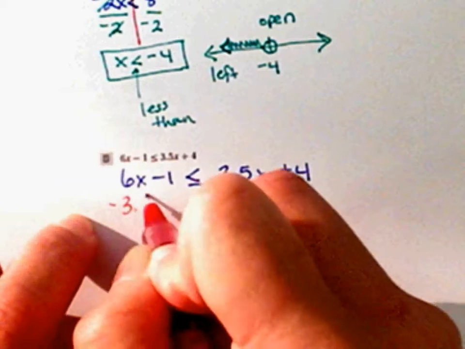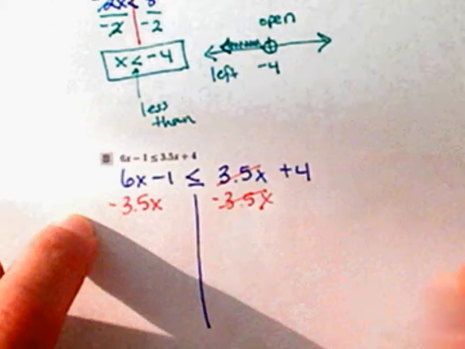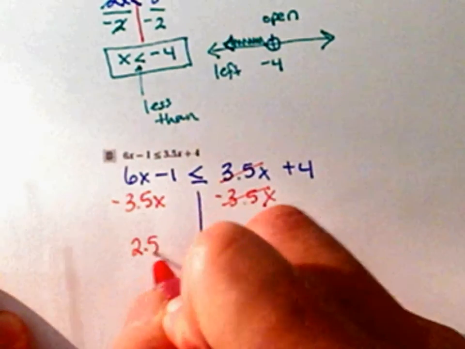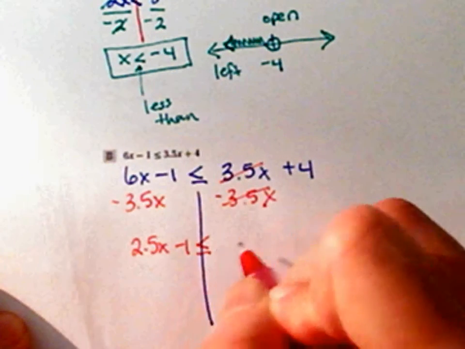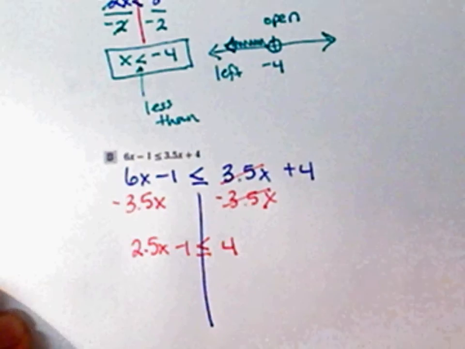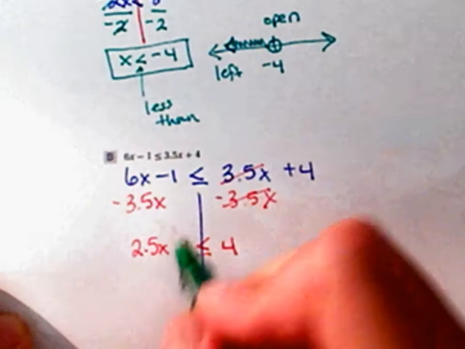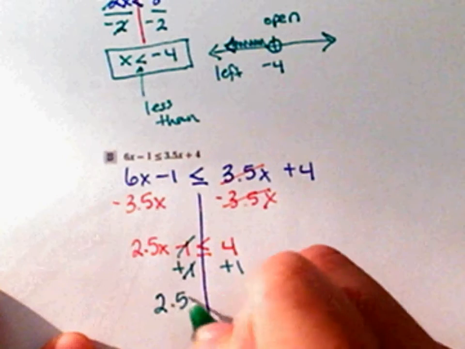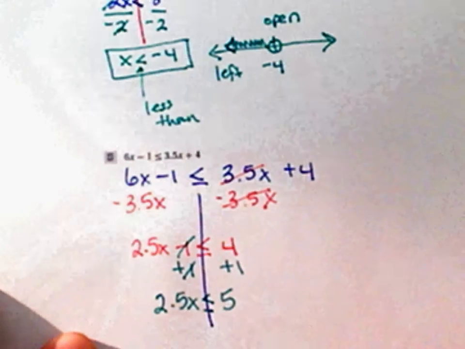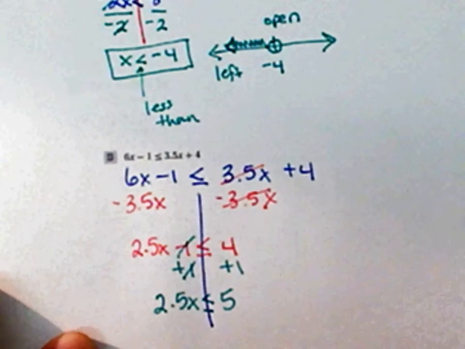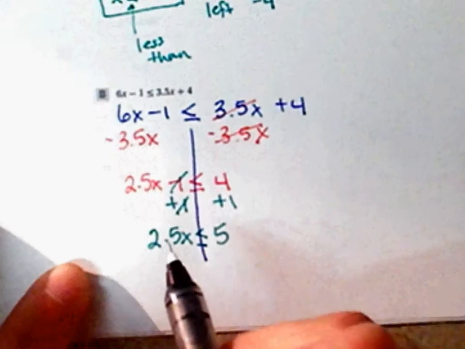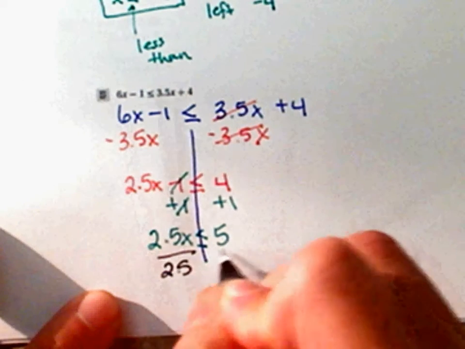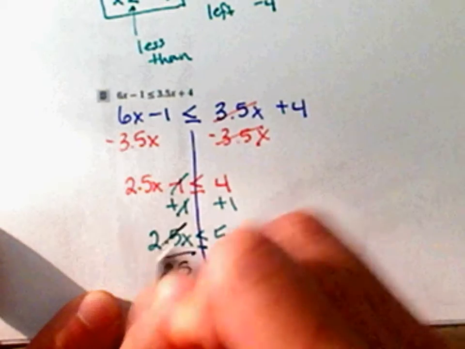What you do to one side, you do to the other side. 6x minus 3.5x is 2.5x minus 1, less than or equal to 4. Plus 1 to both sides. 2.5x is less than or equal to 5.